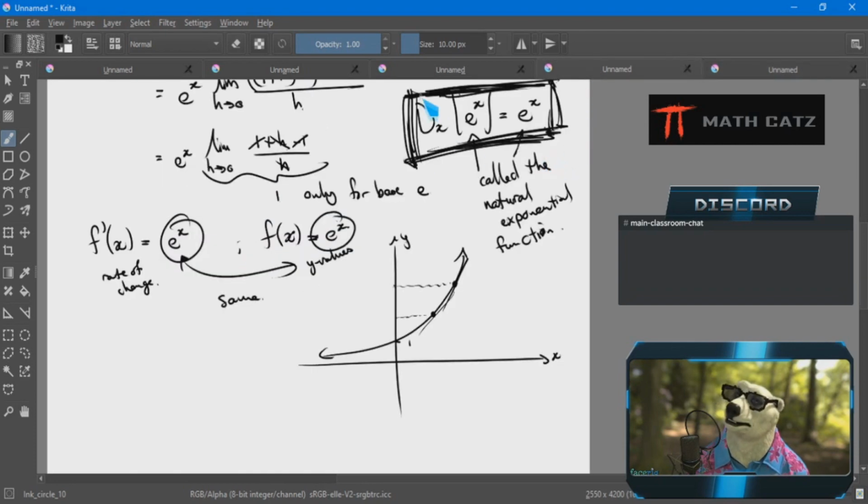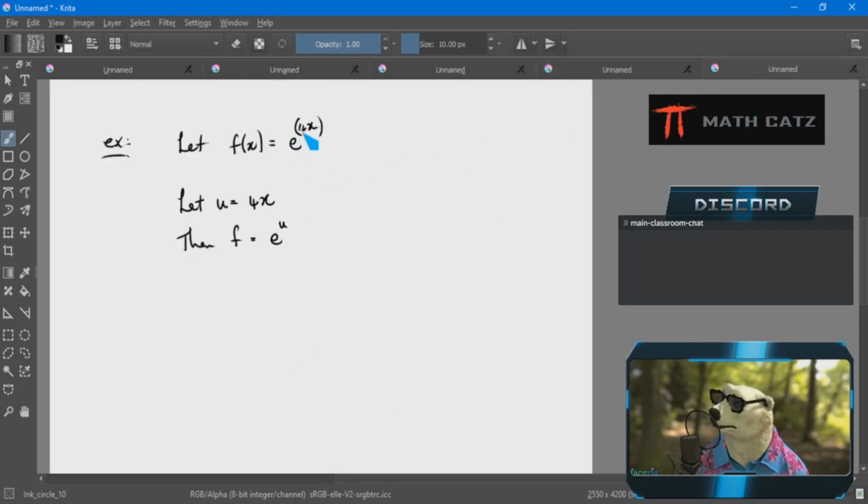Now, my exponential property, if you want to call it that, only says if my variable is x and I have e to that variable, then the derivative is e to that variable. These circles have to all be the same. You can call the variable u, but that variable has to be the only thing in the exponent. And it's not. There's a 4x when my variable is x, meaning that there is a function of a function.